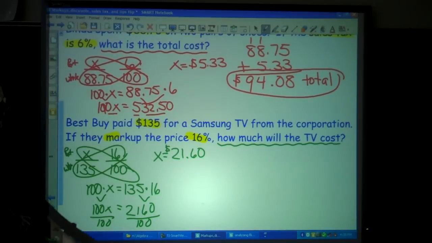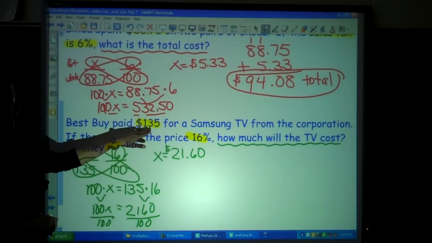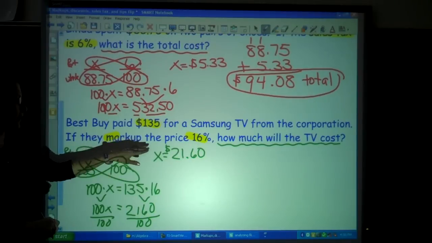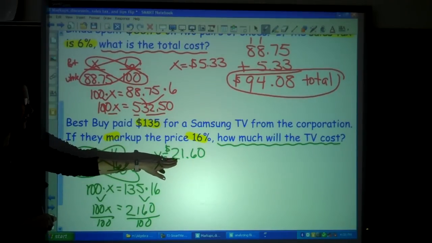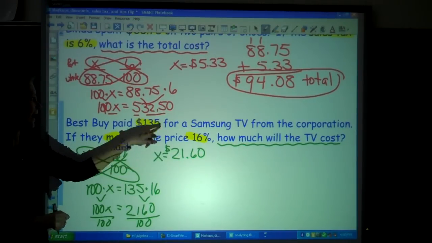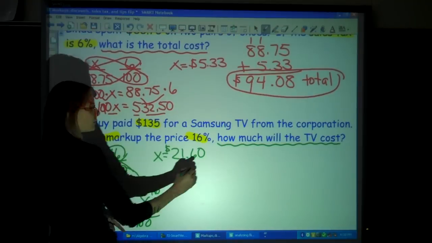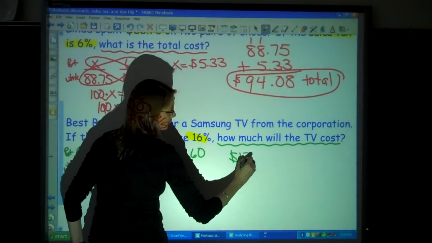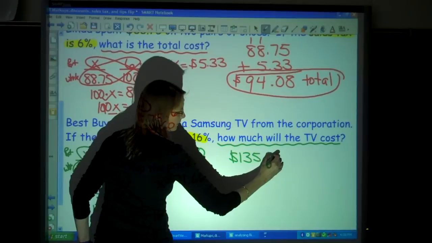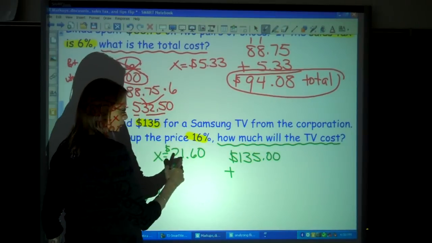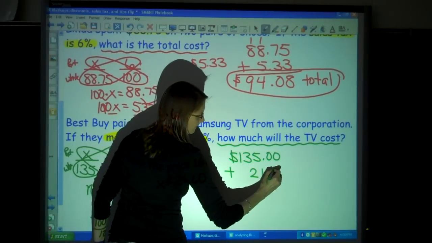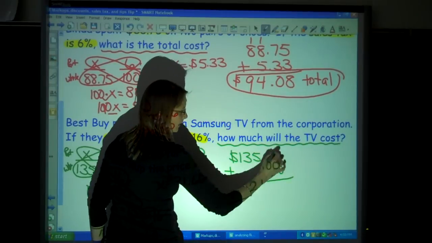And now remember, it's not going to make sense that if Best Buy paid $135, they're marking it up, then I'm only going to pay $21 for the TV. So next, I have to add that on because it says mark up. So I'm going to take my $135 and add to it the $21.60. And I'm going to add it right here on my paper.